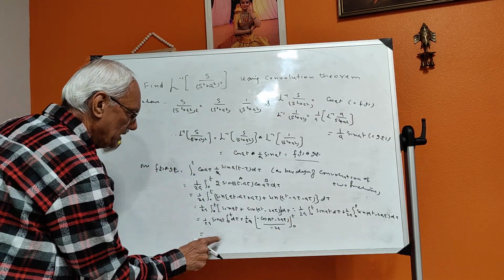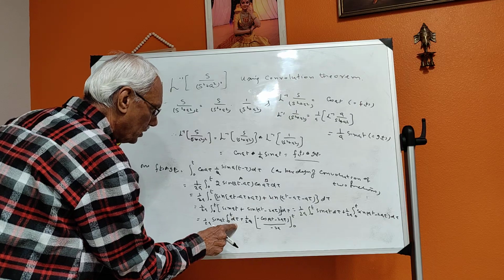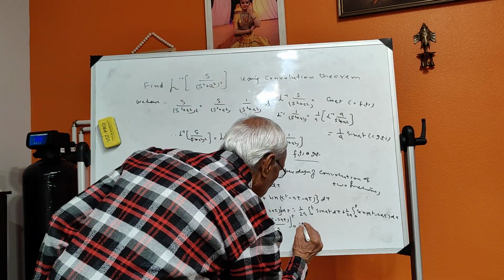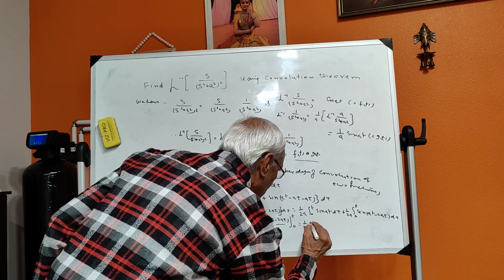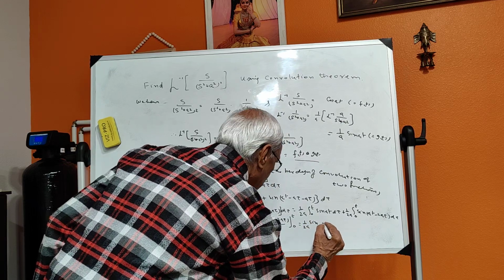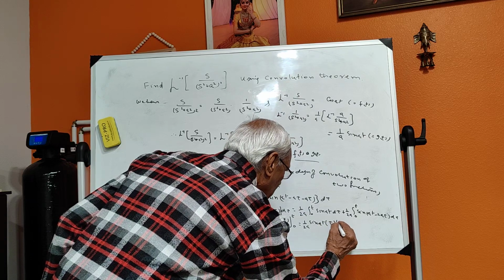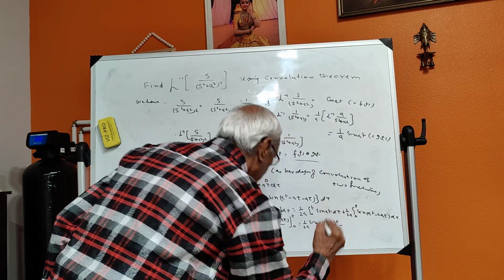If you apply the limit here, this is simply tau. So it is nothing but 1 by 2a sin at into tau from 0 to t.